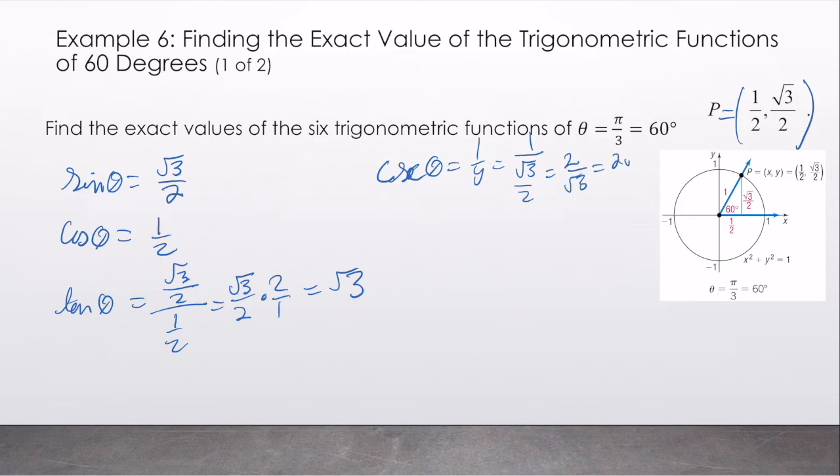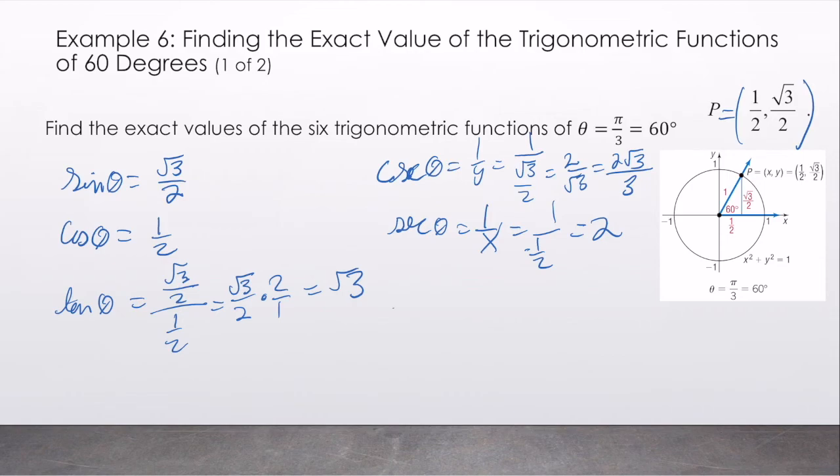So I have 2 square root of 3 over 3. If I have the secant of theta, which is 1 over x, that gives me 1 over 1/2, which is 2.